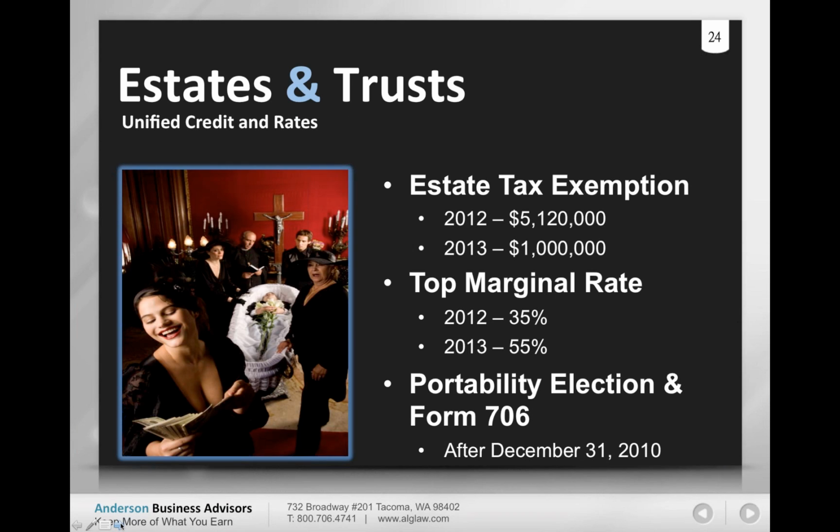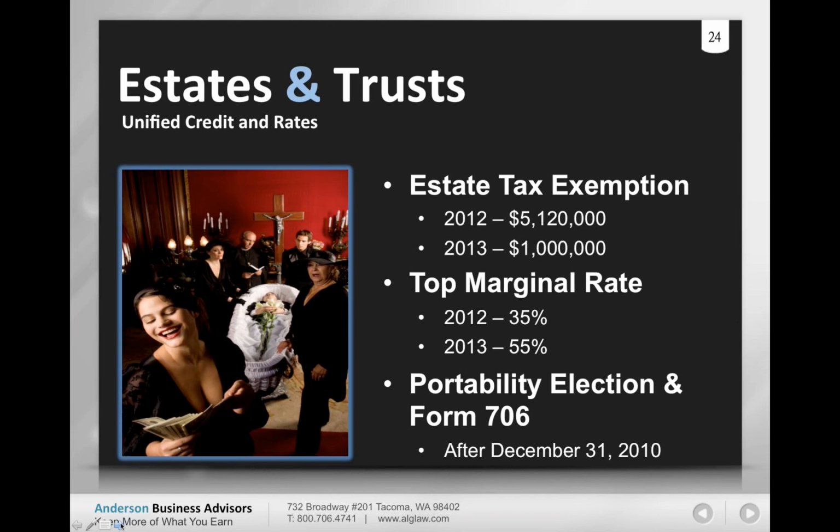Okay. With regard to estates and trusts, this is one of those things that, boy, if I have an estate and I have someone who may not make it, no, I won't even joke about that. Keep in mind that your tax exemption for your estate will drop from $5.12 million, that's over $5 million, and it will drop down to $1 million next year.